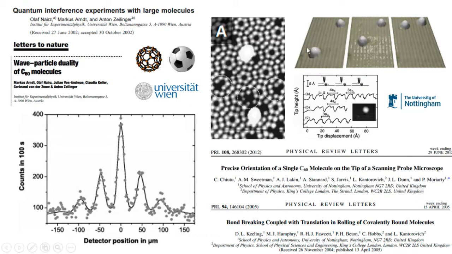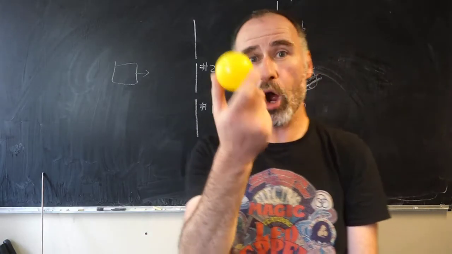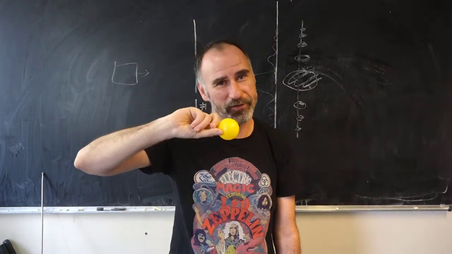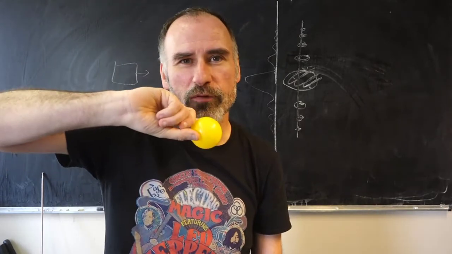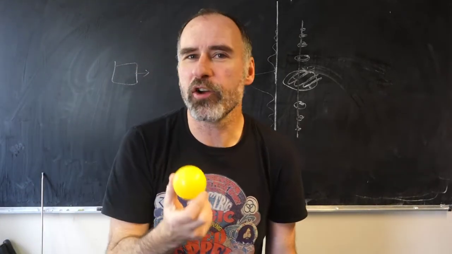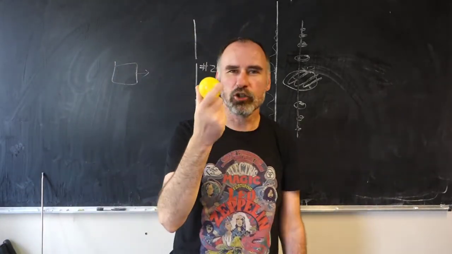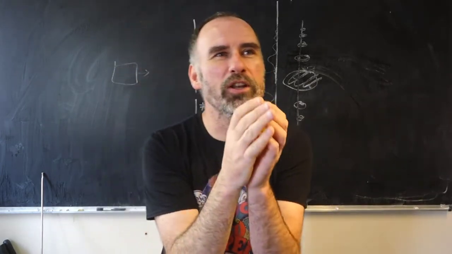We've taken the molecule here and pushed it up the atomic rows until it's almost in line with this one. Indeed, we can pot the C60, if you think of it in terms of billiards: if there's a defect, if there's a missing atom in the surface, we put it in, and it's very, very difficult to get the molecule back out again. So when you've pushed these things around, there's a real sense that it's a particle.